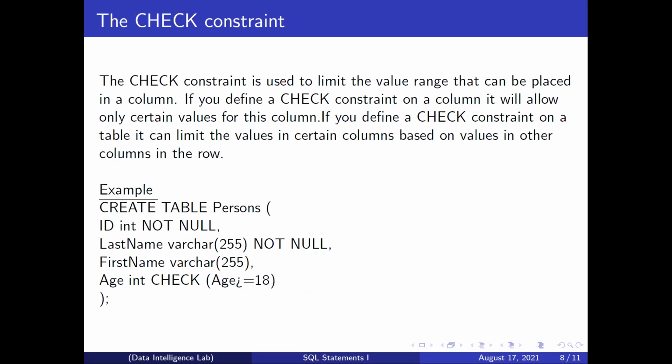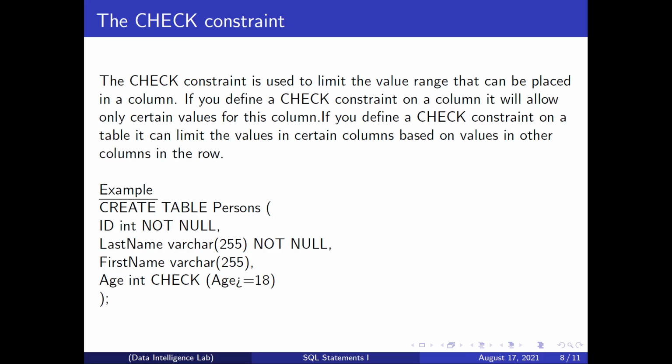Then you also have the check constraint. The check constraint is used to limit the values, or just to place a check on your columns. A popular example is, let's say you don't want the age column to contain more than a certain age range. So you can place a check on such columns.